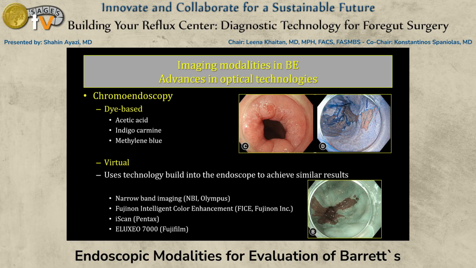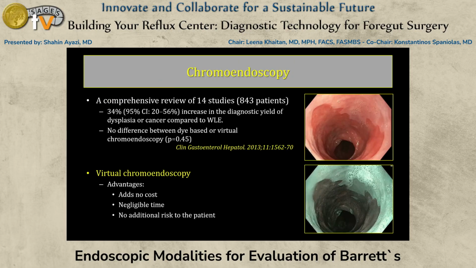In terms of virtual chromoendoscopy, basically we are using the technology that has been built into the endoscope to achieve similar results. Different platforms are available. For this assessment, narrowband imaging is the most commonly used and studied in the United States.